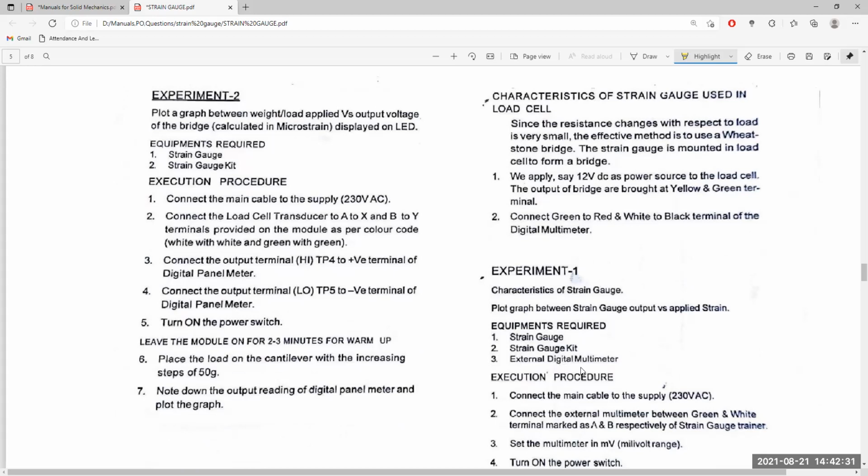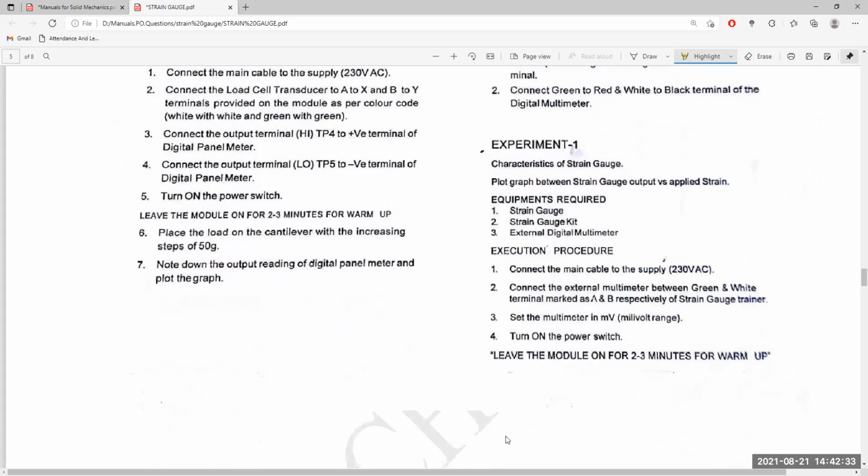The procedure is to connect the mains voltage, connect the multimeter with the gauge, into the green and white terminals marked A and B supplied with the strain gauge channel itself. Set the multimeter to millivolts and turn on the power switch.